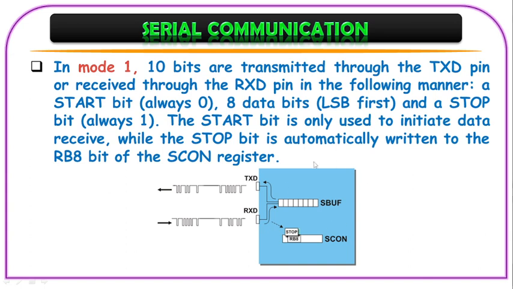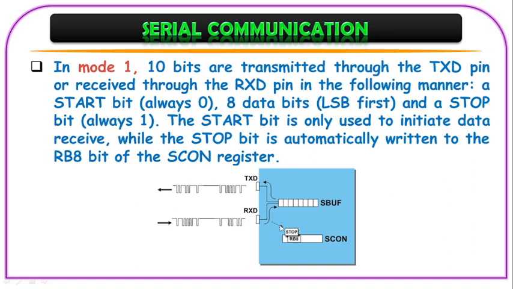This is how, as shown in the diagram, the receiver will receive this. Your start bit is always 0, then you will have your data bits and your stop bit will be 1. This will be coming and it will be put in the SBUF. Similarly, while transmitting also, this data will be put in the SBUF and from there it will be transmitted.